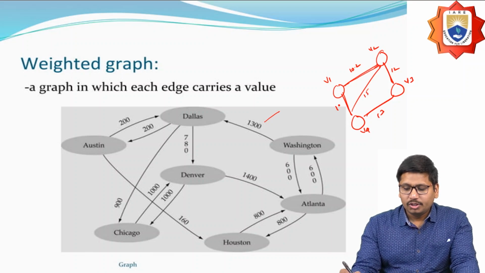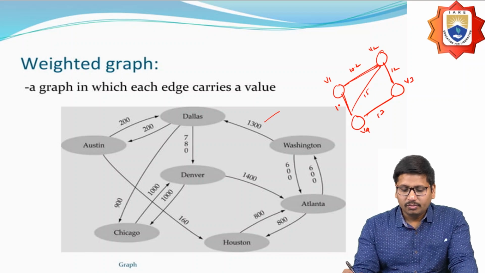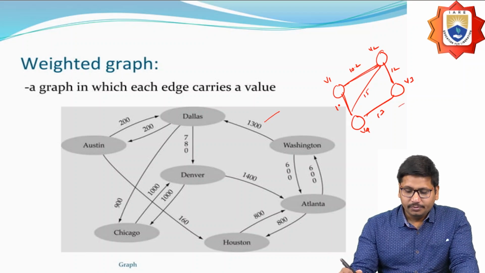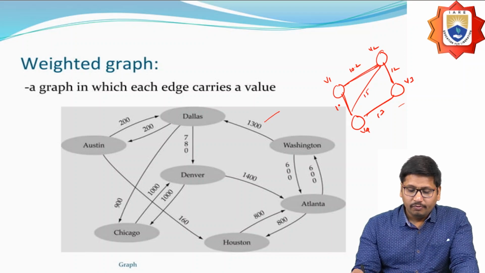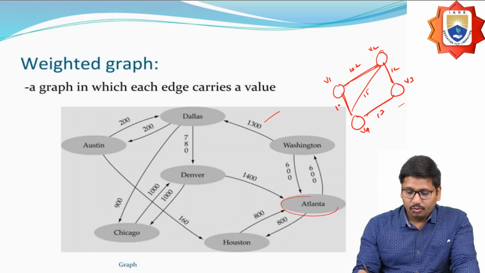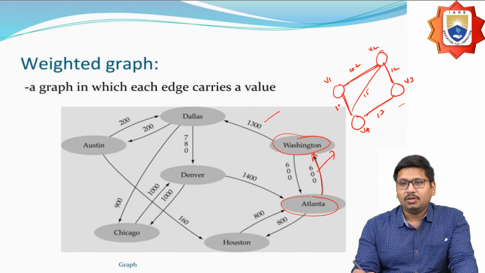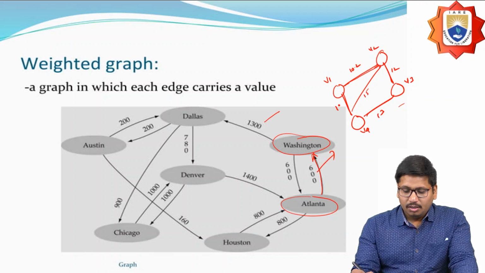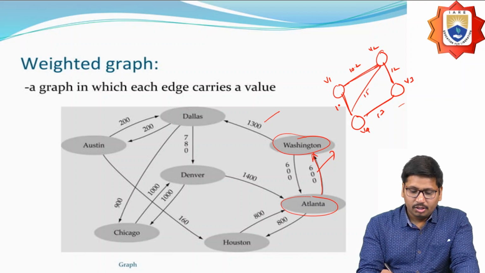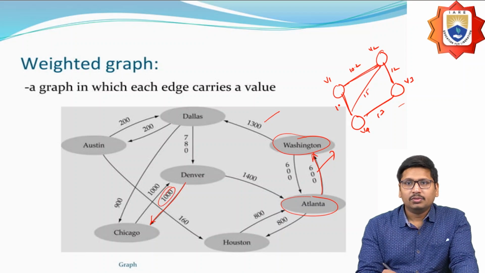For example, the cost of going from Atlanta to Washington, let us treat it as $600. Similarly, moving from Denver to Chicago, the value is 1000.